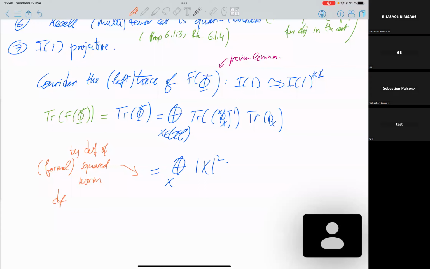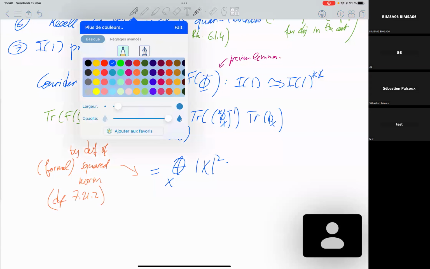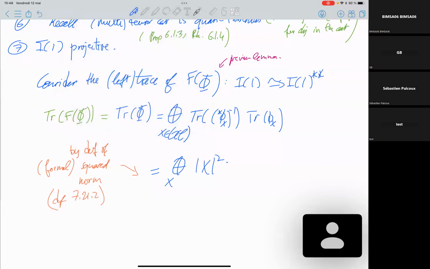So, definition 7.21.2. Okay, it's equal to, but if I'm not mistaken, there is a result about total positivity.